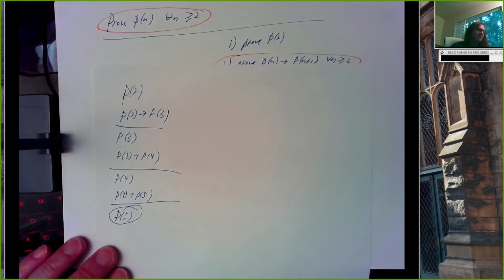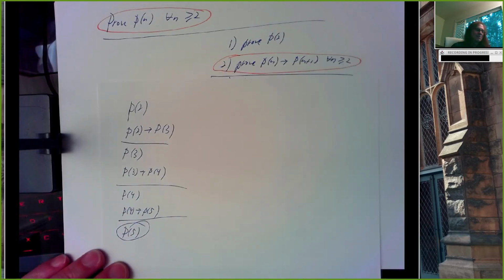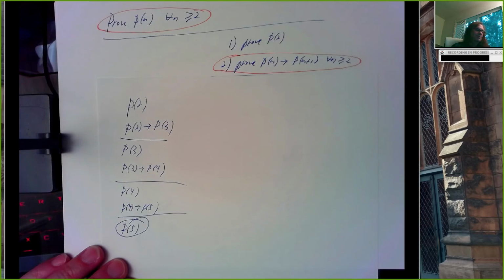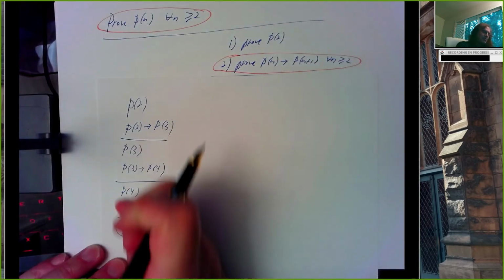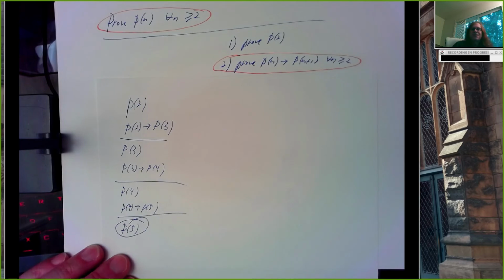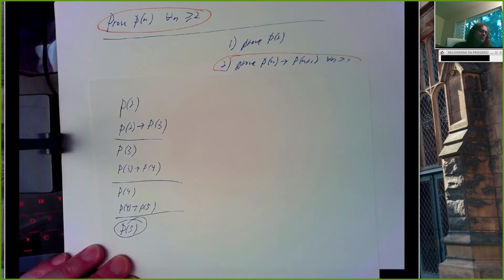So we just have to do that singular proof to prove that the first step is true, and then we know that this infinite proof is true. Exactly. If I can prove these two things, common sense says I can keep doing this 100 times and prove P of 102 is true, or 1,000 times or 1,000,000,000 times.